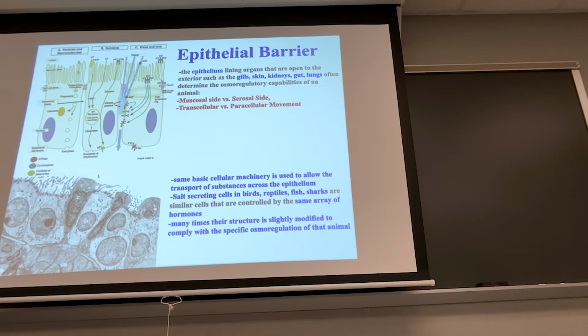It's all directional, right? Which way we want to pump things. Do we want to pump things out, or do we want to pull things in? And all you have to do is rearrange these things. And it'll become really apparent when we start talking about fish that can move from fresh to salt water. They simply are going to switch up their epithelium as they move from one environment to the next.